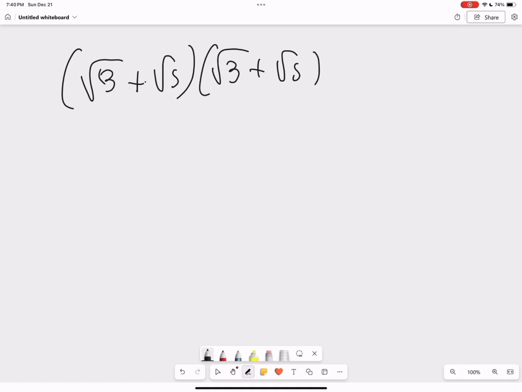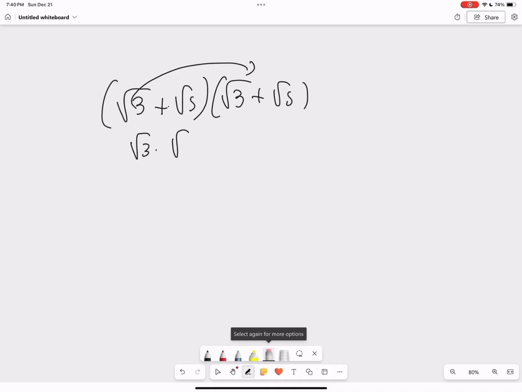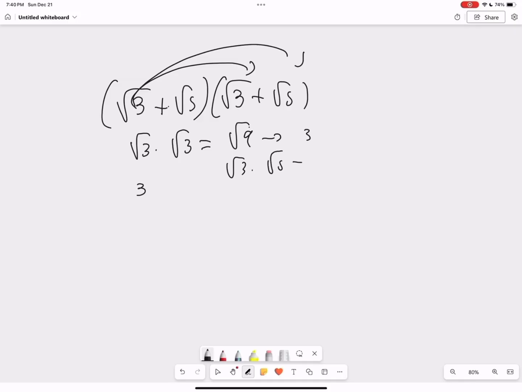Let's do the first term, using the product rule: the square root of 3 times the square root of 3 is the square root of 9, which is just 3. The outer term is the square root of 3 times the square root of 5, which is the square root of 15, which we can't break down.